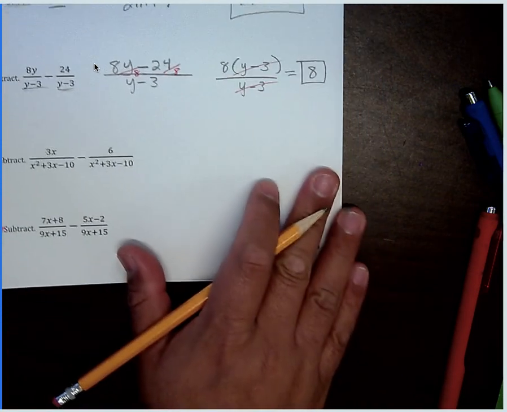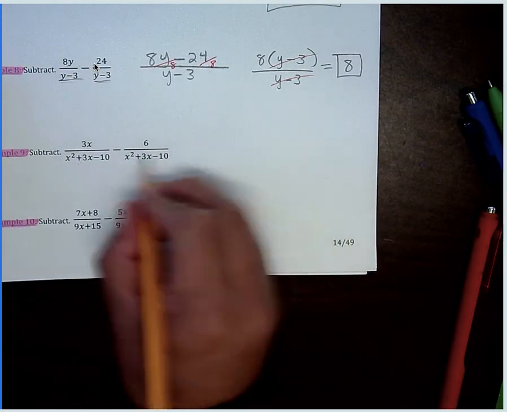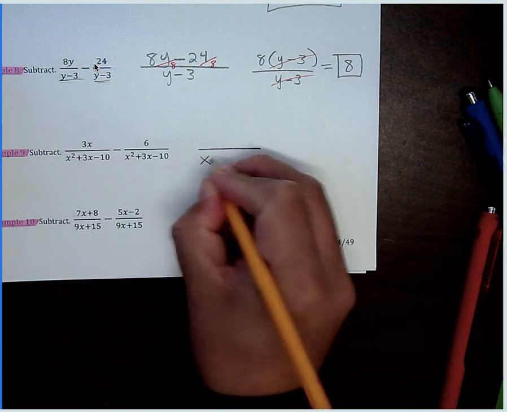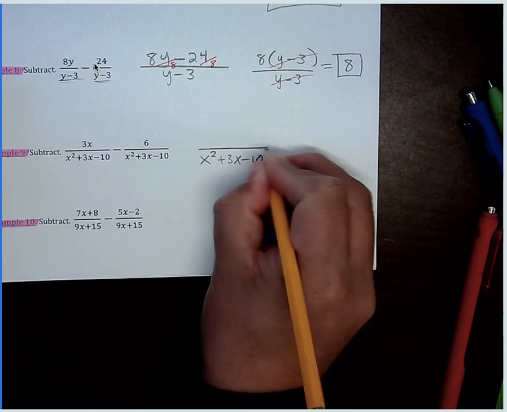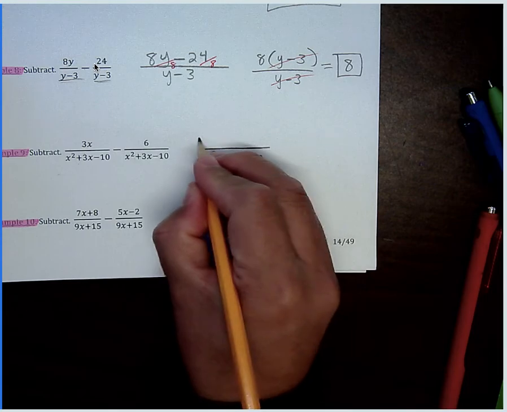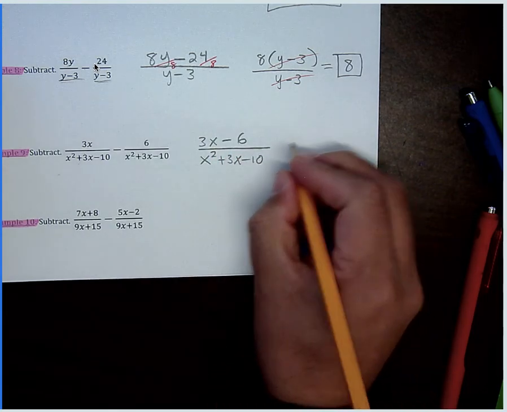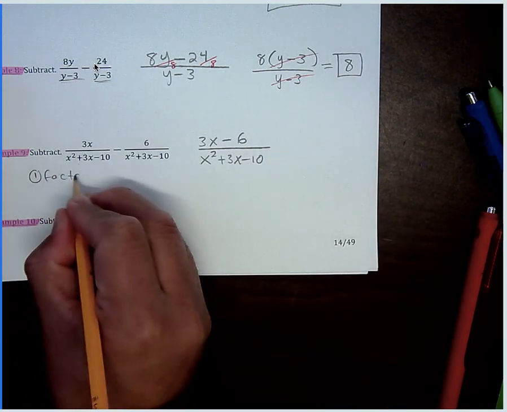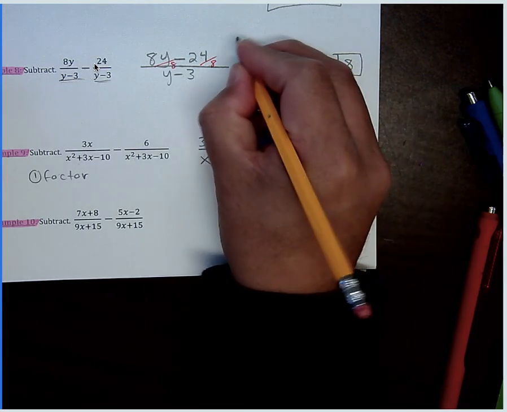Okay, let's do this one. They have the same denominator, so I'm just gonna rewrite it first, and then I'm gonna see if I can factor and something happens to it. So I'm gonna write it once, and then I'm gonna do 3x minus 6. This is when you have to think about factoring. This is the step where I would factor.